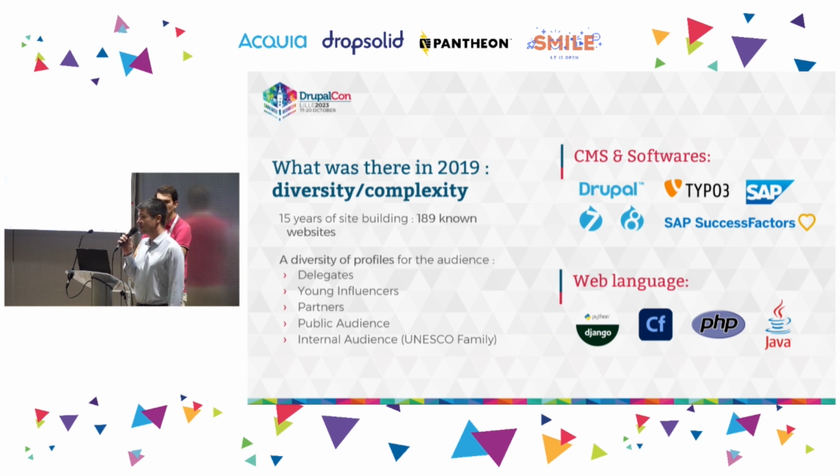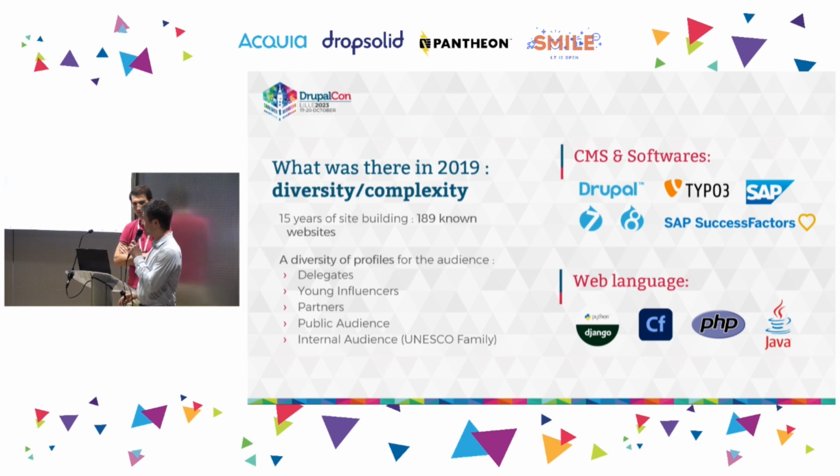It had been 15 years since UNESCO tech people started building websites, and there were all these kinds of technologies. Obviously Drupal 7, 8, but also Typo3, ColdFusion sites, Django and Python sites, custom PHP, custom Java. It was really a mess.